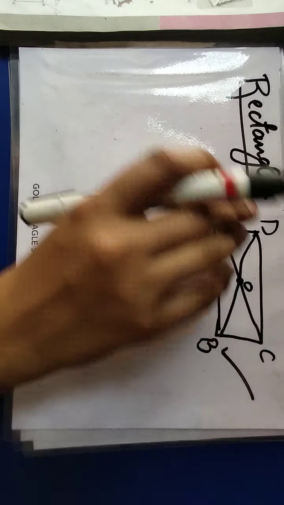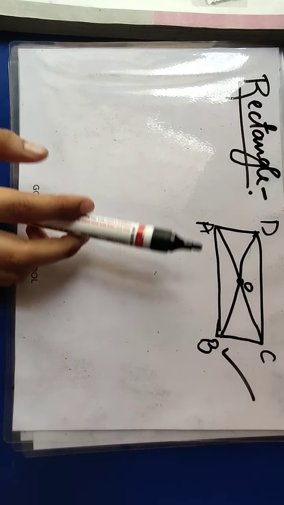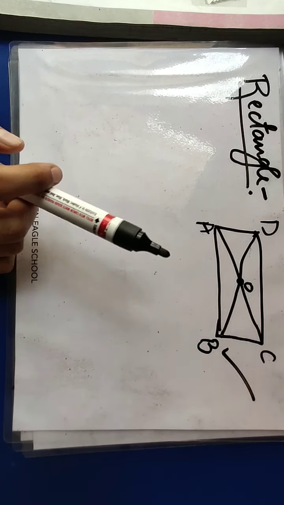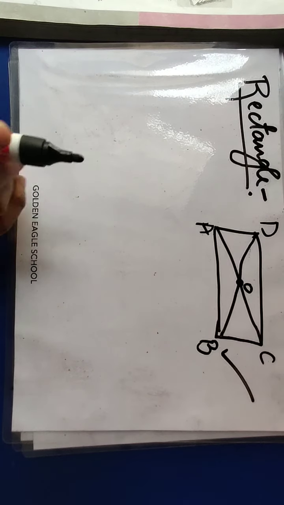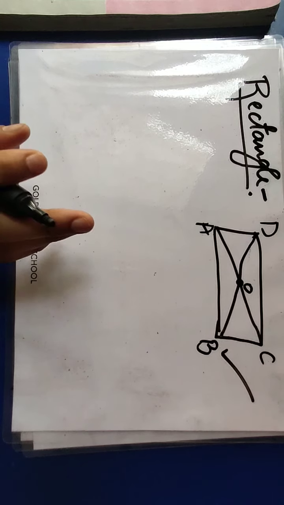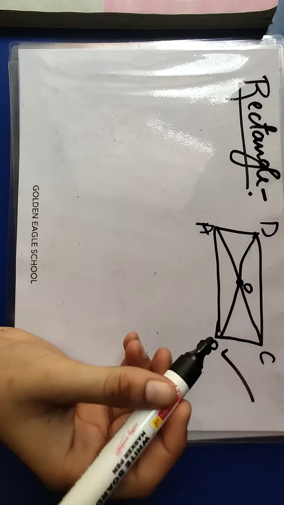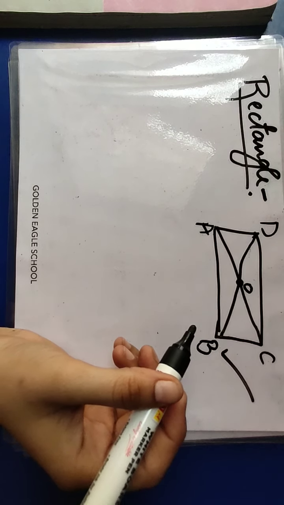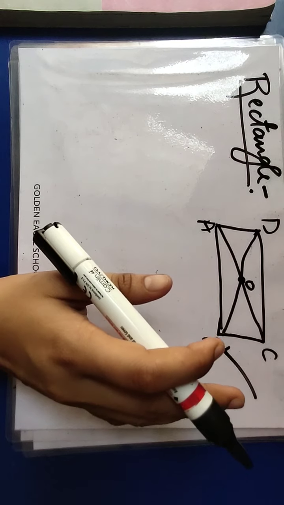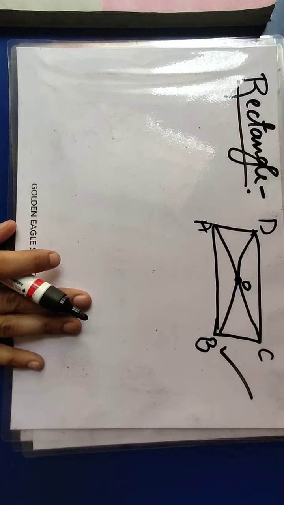So this is what is told here, that a rectangle has the following properties of diagonals. If some rectangle is given to us and we have to find the value of some number, for example, if this is the rectangle and it is said that diagonals meet at point O, we have to find x.